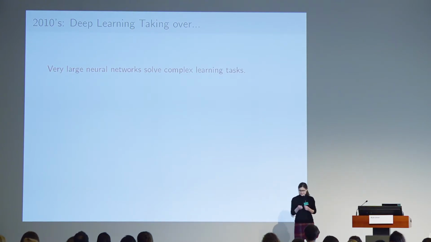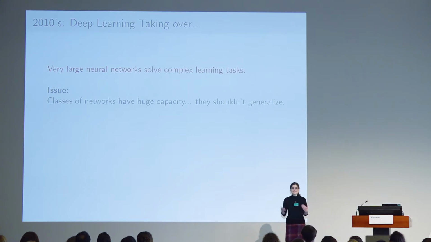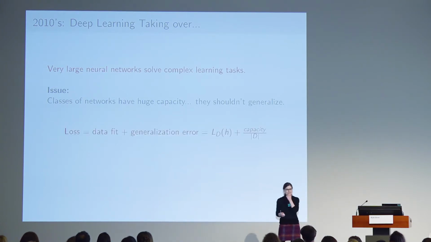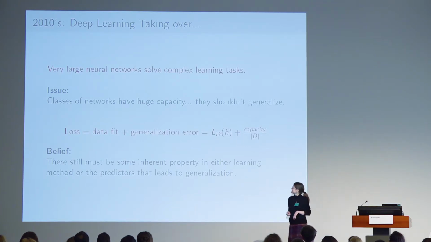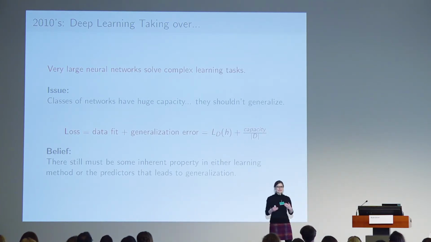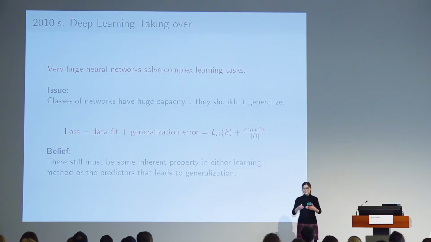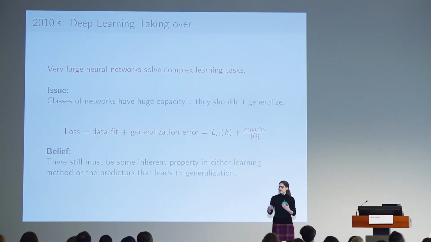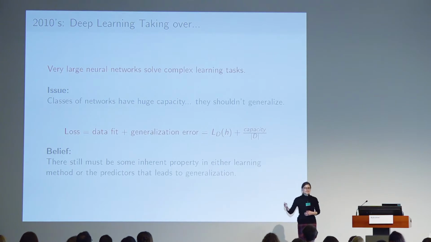The issue from a theoretician's point of view is that these classes have huge capacity, and really this shouldn't work, right? Beforehand, it seemed like machine learning theory and practice were working very closely together. But now it seems like, well, these things work, and nobody really understands why.